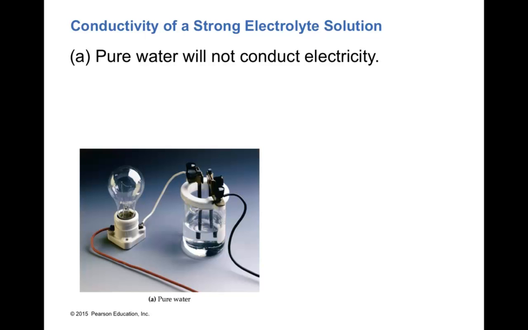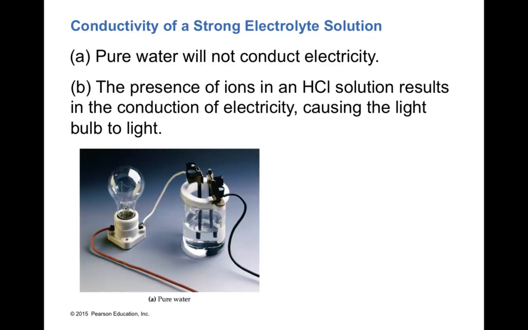The presence of ions in HCl solutions results in the conduction of electricity, causing the light bulb to light. So here we have a circuit using pure water, and as we can see here, the light is off.